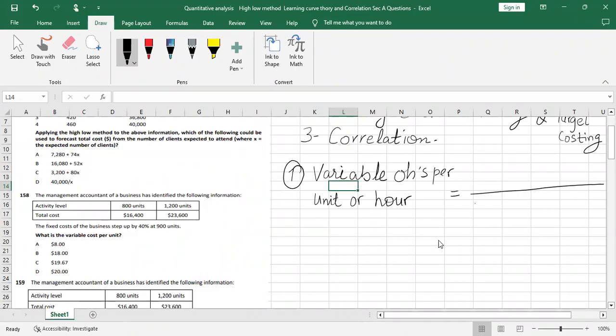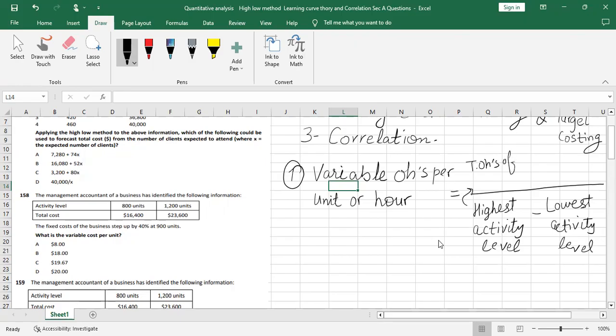So you will write here highest activity level. Highest activity level means highest number of units or highest number of hours, and hours will be either machine hours or labor hours, minus lowest activity level. Once again, activity level means the same. Now you will write down here total overheads of highest activity level.